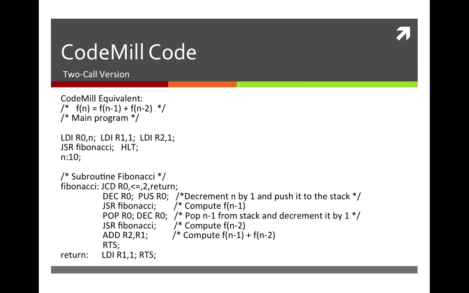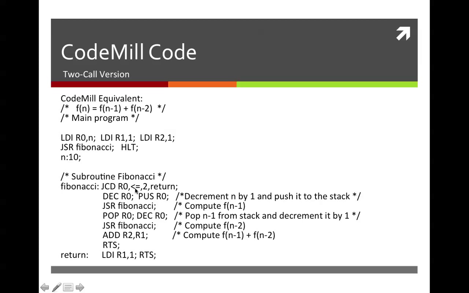And so what we have here is then the subroutine itself, which is very similar to C in this situation. And what we do is we check to see if n, which is R0, is less than or equal to 2, in which case we return R1 equals 1, and then RTS. Now, since we initialize R2 to 1, and that's what we really produce as our function n, we also get to have 1 in here in this particular case.